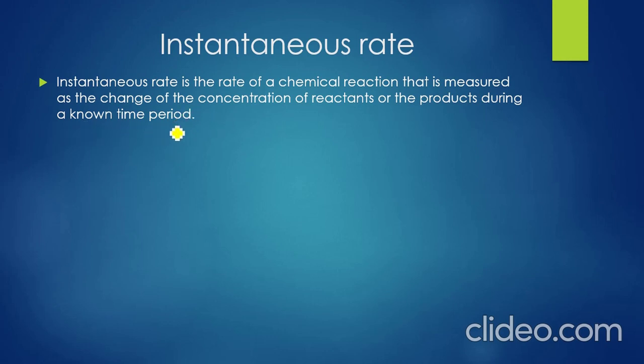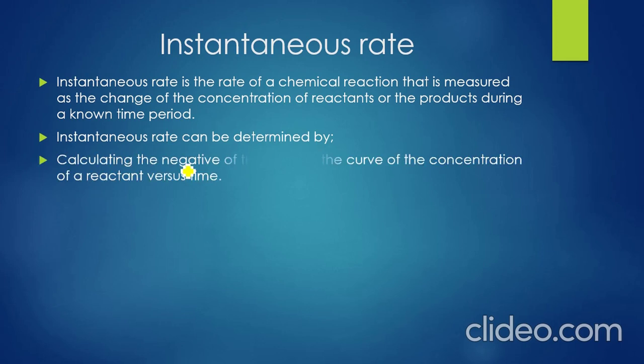So a known period or a time is given, and you need to take note that instantaneous rates can be rates measured at any point during the reaction. So time is given here, and then instantaneous rates can be determined by calculating the negative of the slope of the curve of the concentration of a reactant versus time.